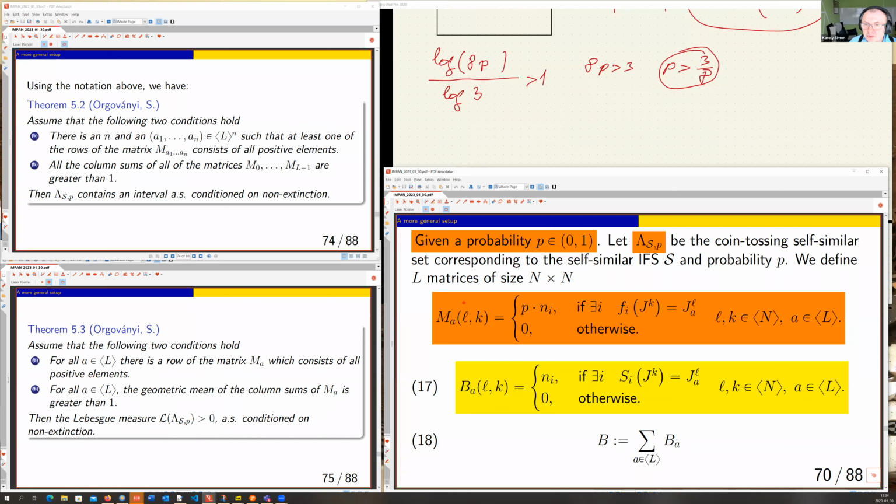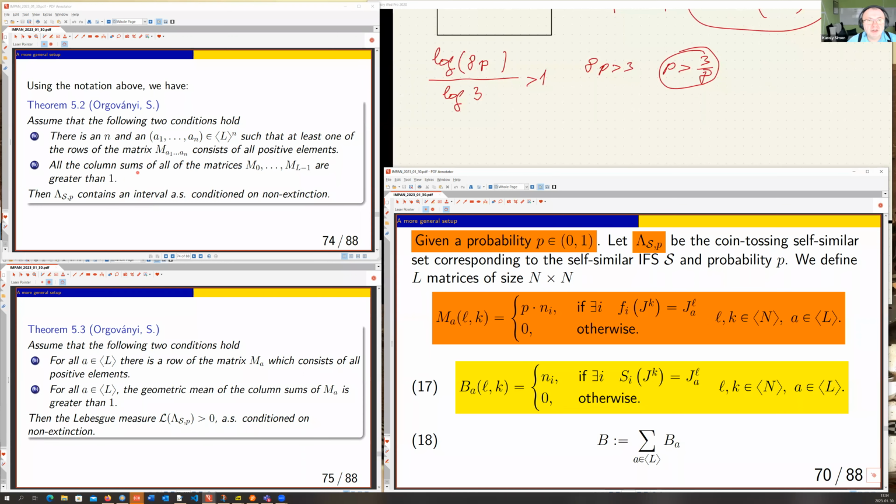Similarly, we just need to examine these matrices, and then some properties of the matrices imply that the Lebesgue measure is positive. And when I mentioned those results about the Menger sponge, that it can happen that for some direction the projection has positive Lebesgue measure but does not contain an interval, we use this kind of theorem to prove that.